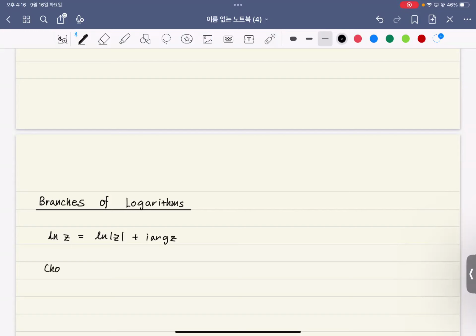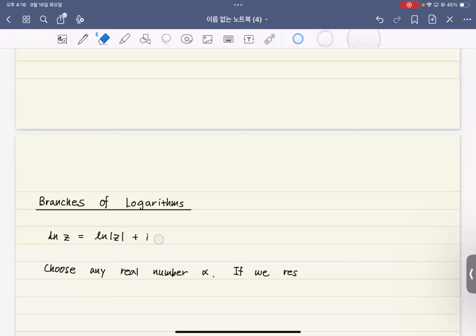Now what I want to do is choose just any real number, I would say alpha, and theta is the argument.